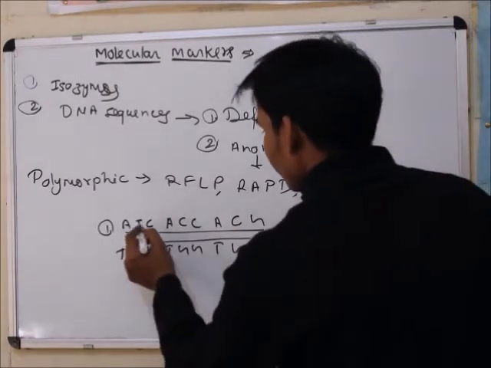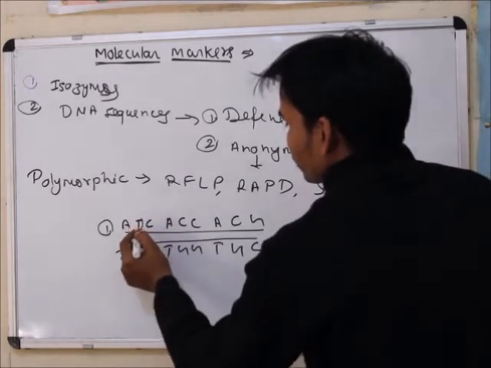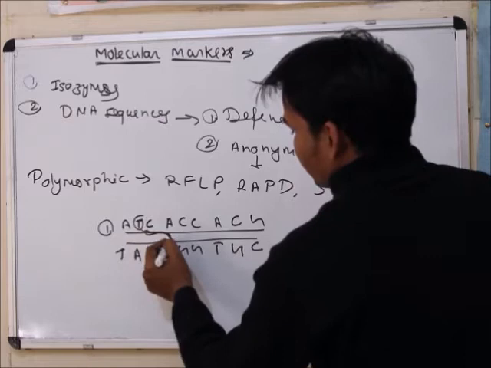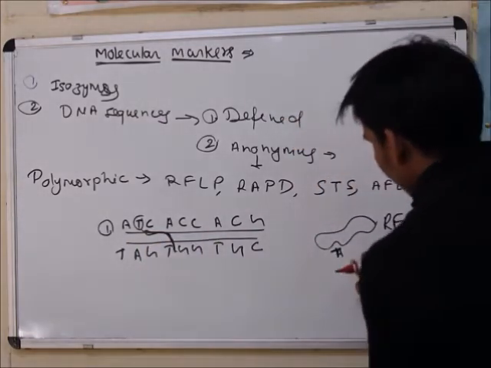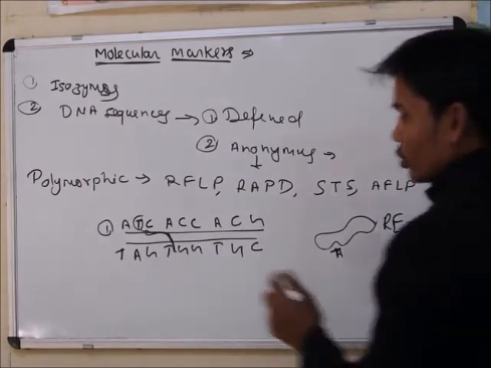So this restriction endonuclease recognizes that site and cuts at that specific position. What would be the result?